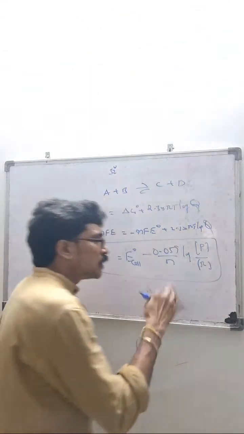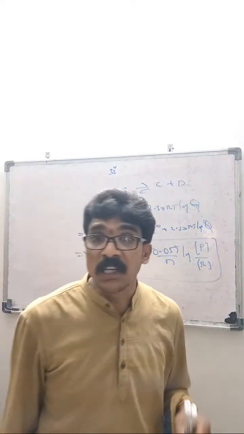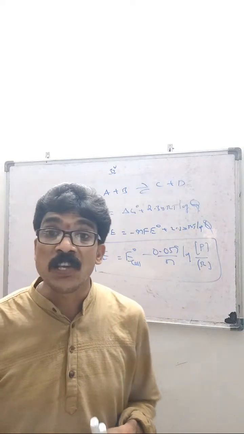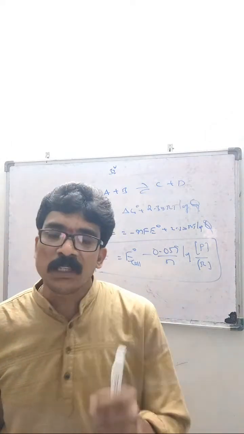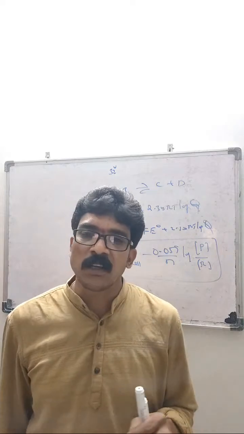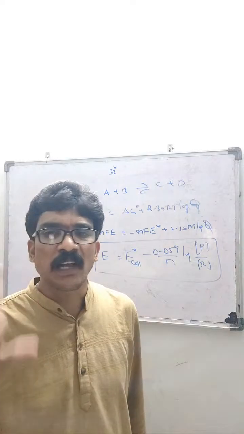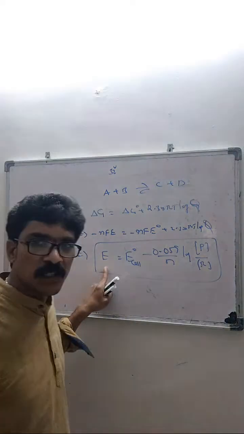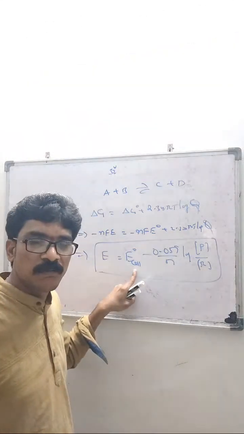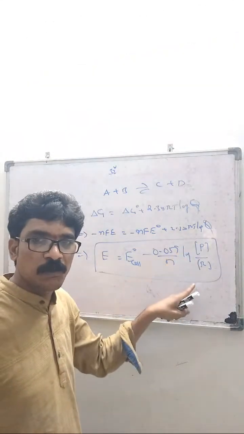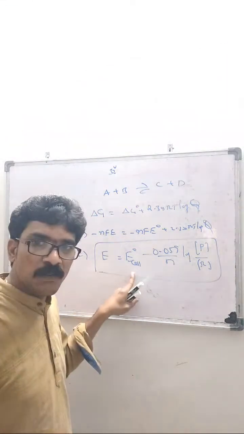Now this is the Nernst equation. In this Nernst equation, the ultimate point is how to calculate E naught of the cell. If they simply give oxidation, then E oxidation is equal to E naught of oxidation, take that reaction's product by reactant and substitute. If they simply give reduction, then E reduction potential is equal to E naught of the reduction.